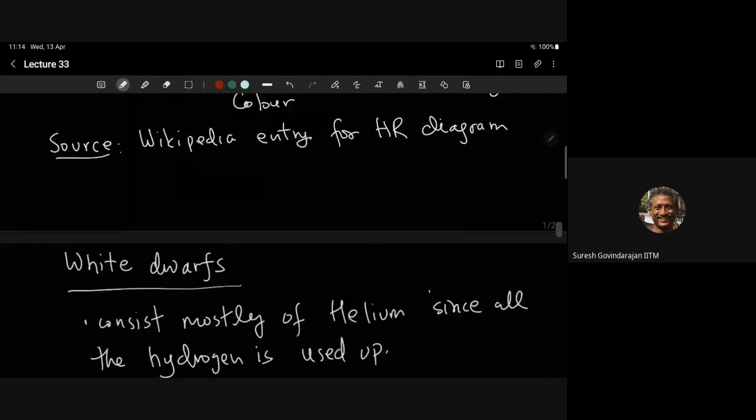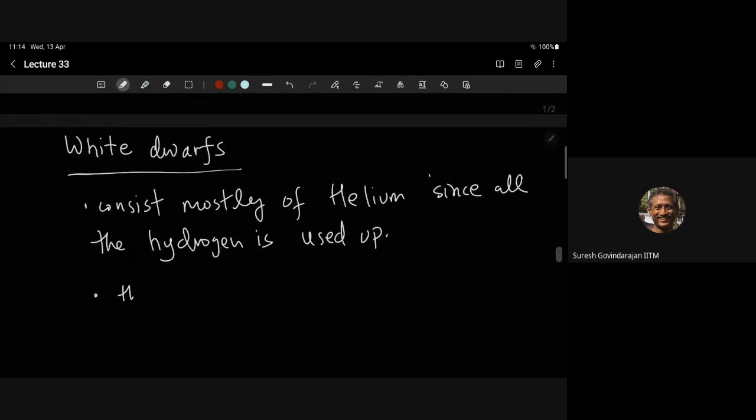They are dim. They're fairly dim. Okay. So these are some features of white dwarf stars.